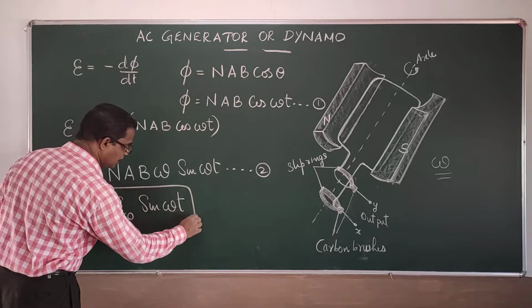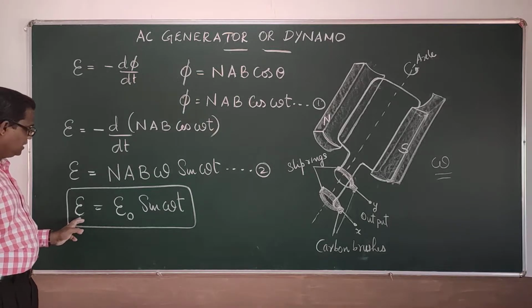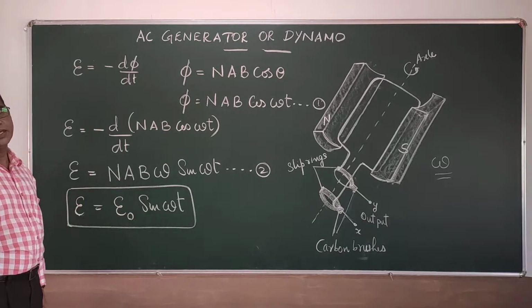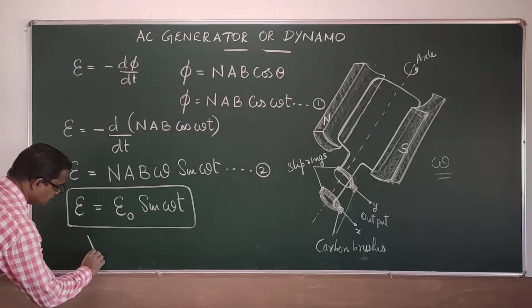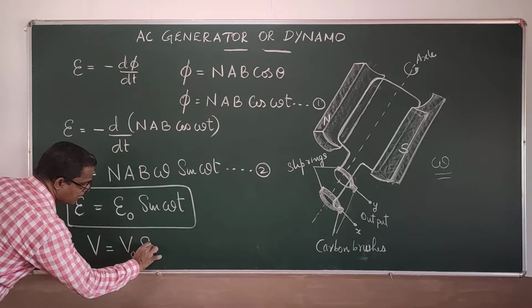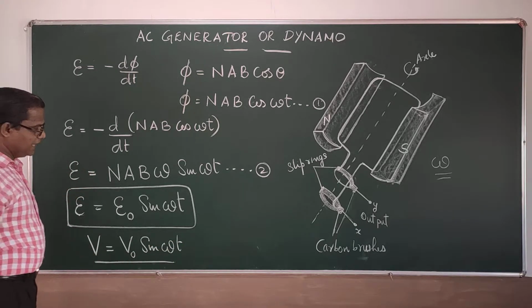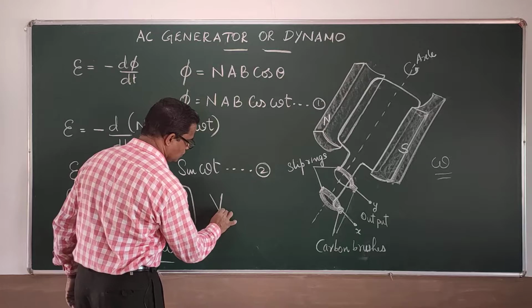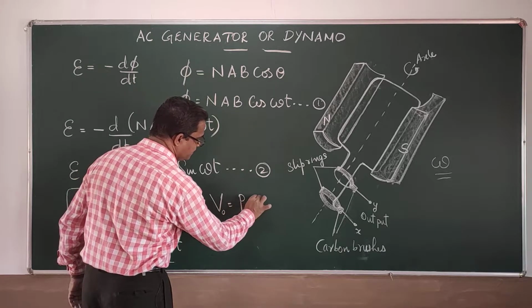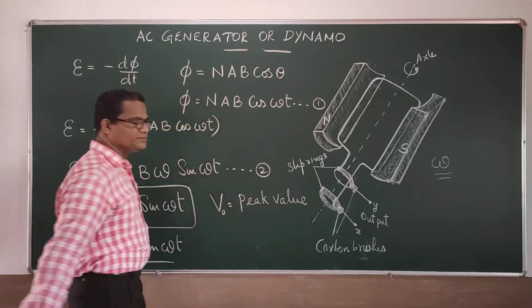So I can write the output of the AC generator as E equal to E0 sin omega t, or generalizing, V equal to V0 sin omega t, where V0 is called the peak value of the output.